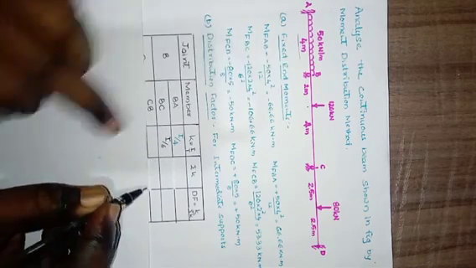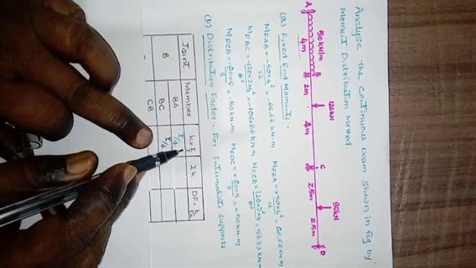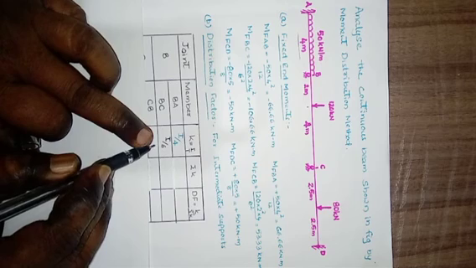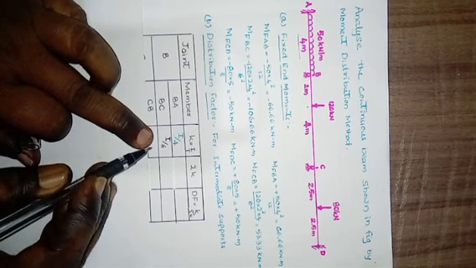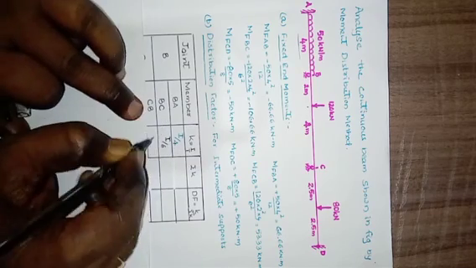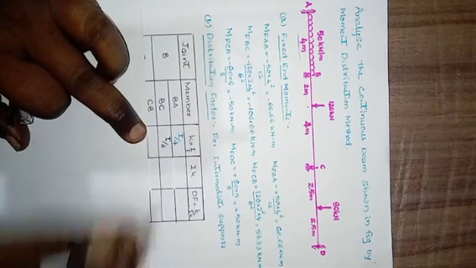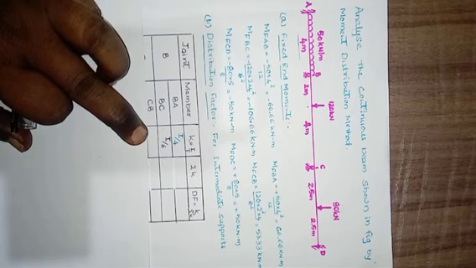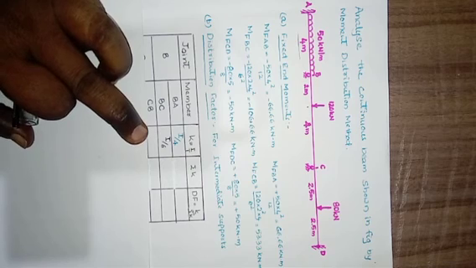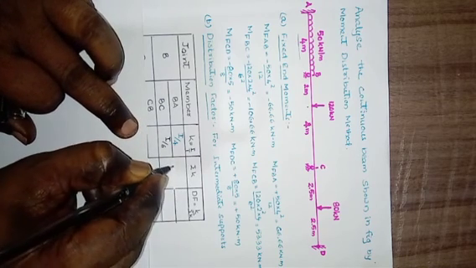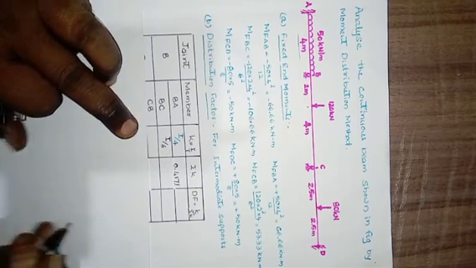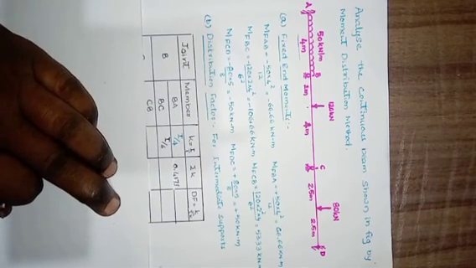The relative stiffness value is given by K equals I by L. Then here summation K, by adding these two, KBA plus KBC, you will get 0.417I.